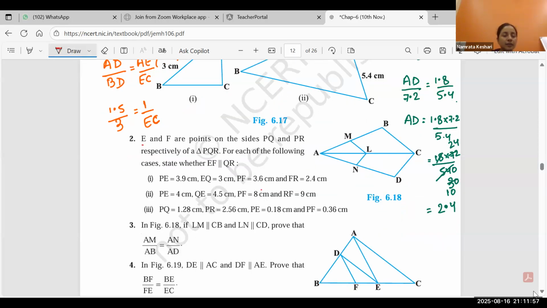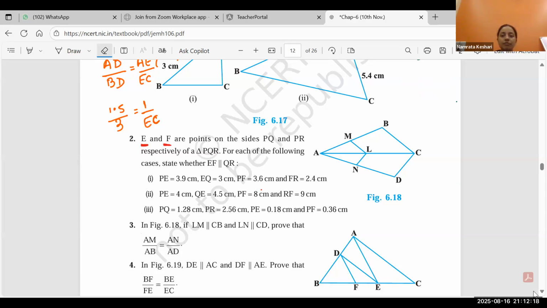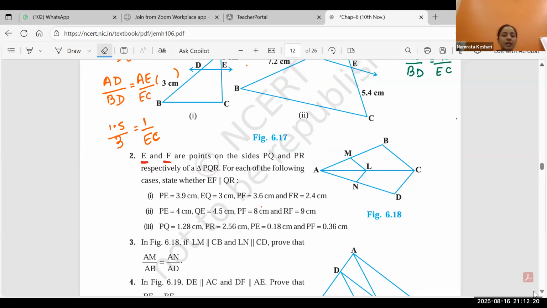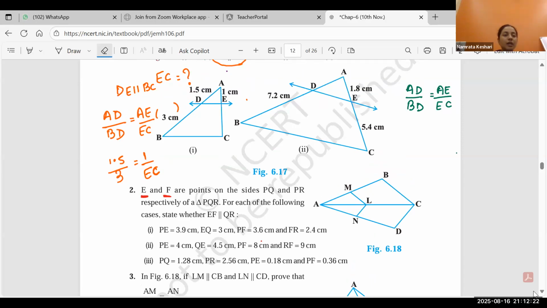Okay. E and F are points on the sides PQ and PR. Okay, we don't have the figure. This is not the figure. 6.18 is not the figure for question number 2. So we have to draw the figure by ourselves. So read the question. E and F are points on the sides PQ and PR of a triangle PQR.